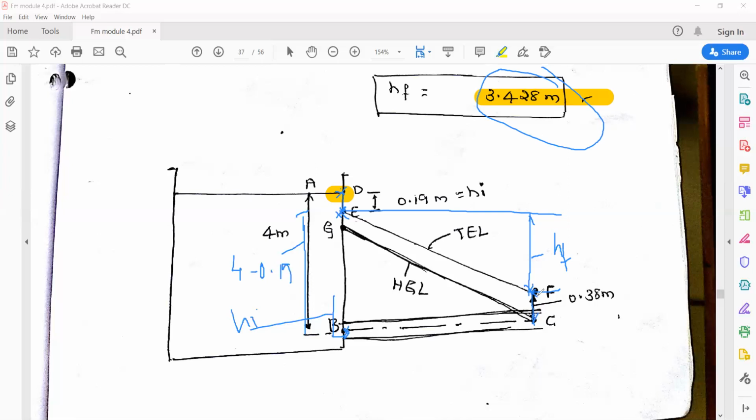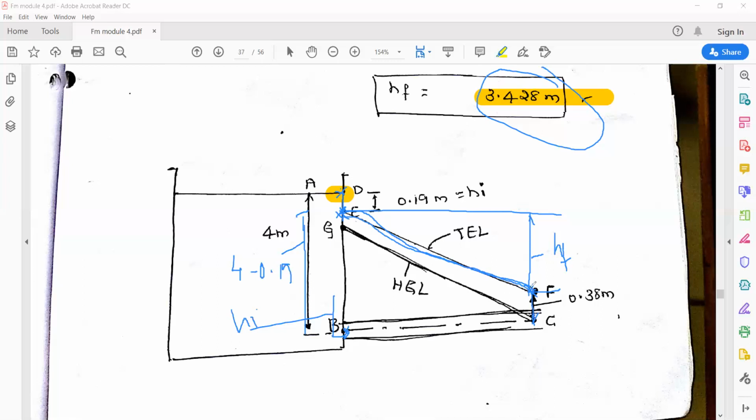So that's supposed to be at a height of 3.428 meter. Then you can join E to F. So D to E, E to F gives you the total energy line.